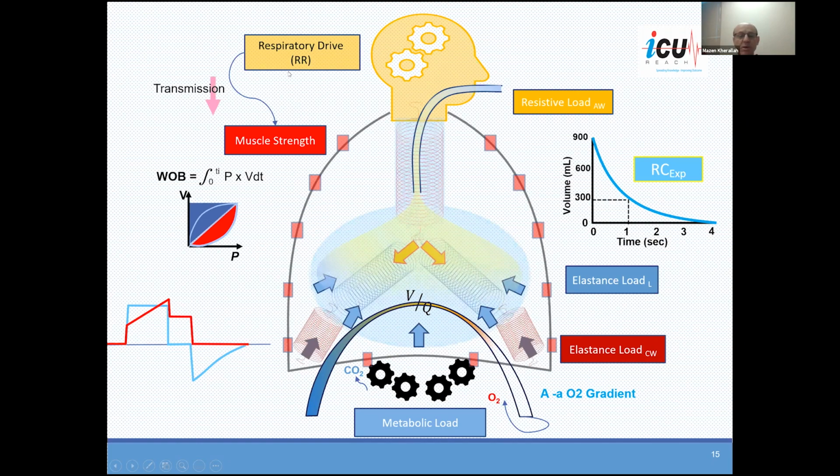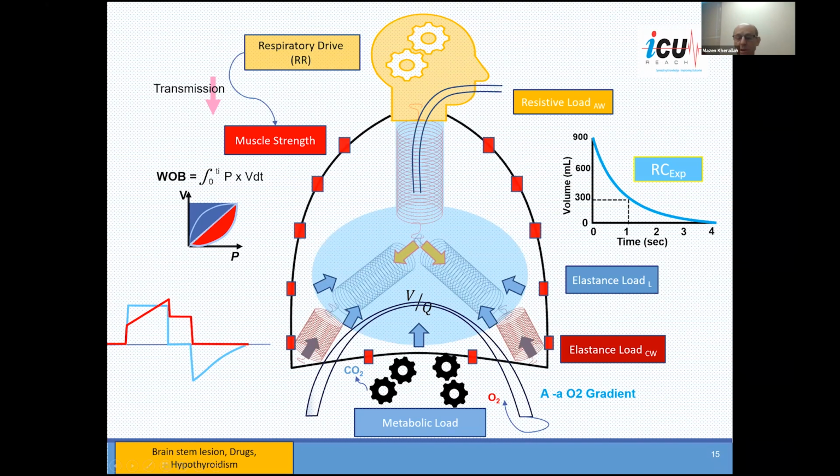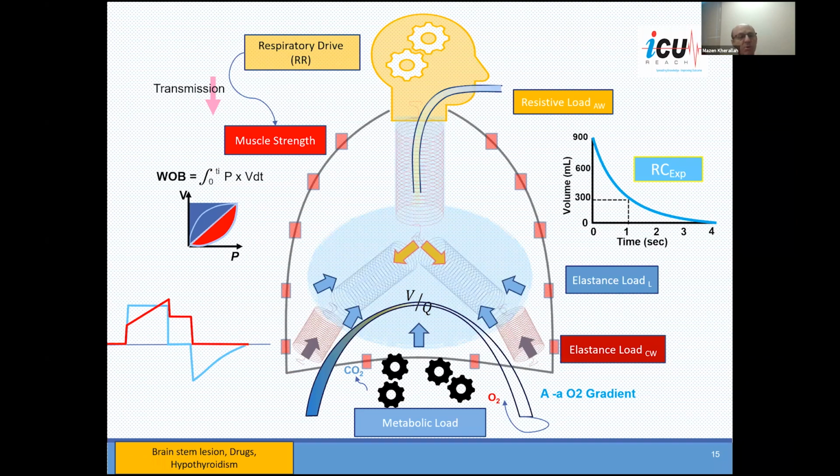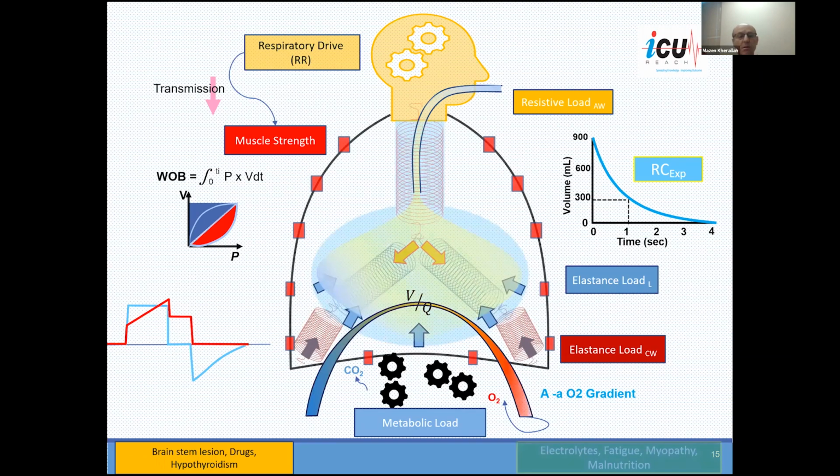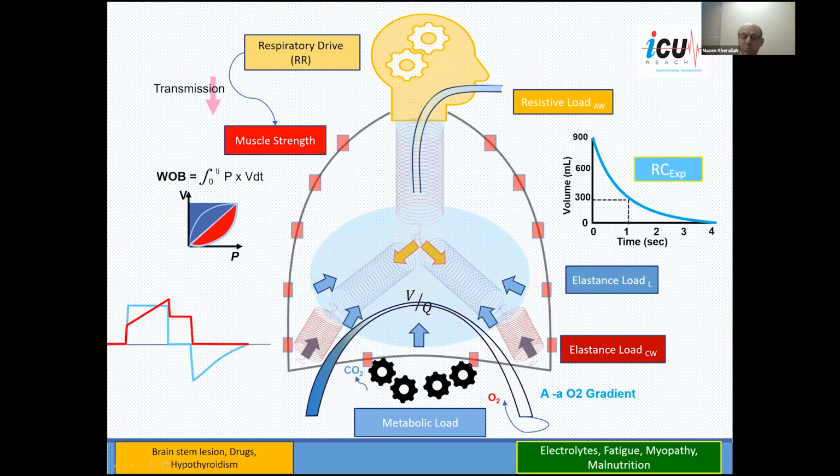This problem could be in the respiratory drive, like patients with drug overdose, hypothyroidism, alcohol, brain tumor, hemorrhages, or whatever reason. It could be in the muscles themselves. The muscle strength is decreased because of hypokalemia, for example.